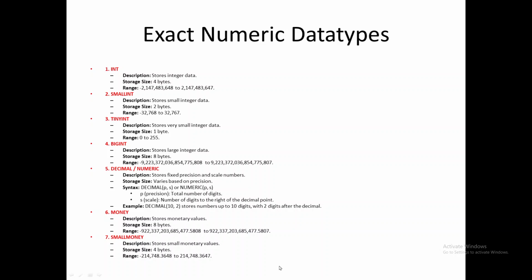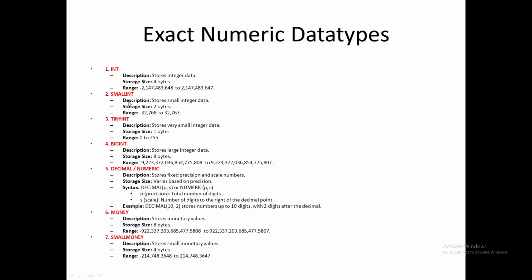We basically have these four based on what kind of range we are going to deal with. Let's say we are dealing with a very big range, then we need to go with big int. If we want some data type which is not that big as big int, but should still store a big number, then we have int.